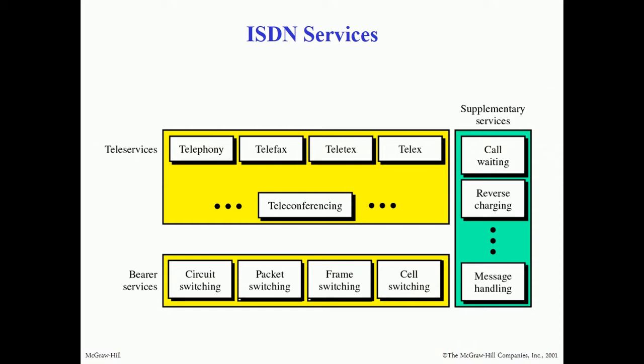It provides bearer services for communications, teleservices for information processing, and supplementary services. ISDN allows for internal and external switching so that calls can stay within a PBX, private branch exchange, or travel across a vast network to a destination that might be halfway around the world.